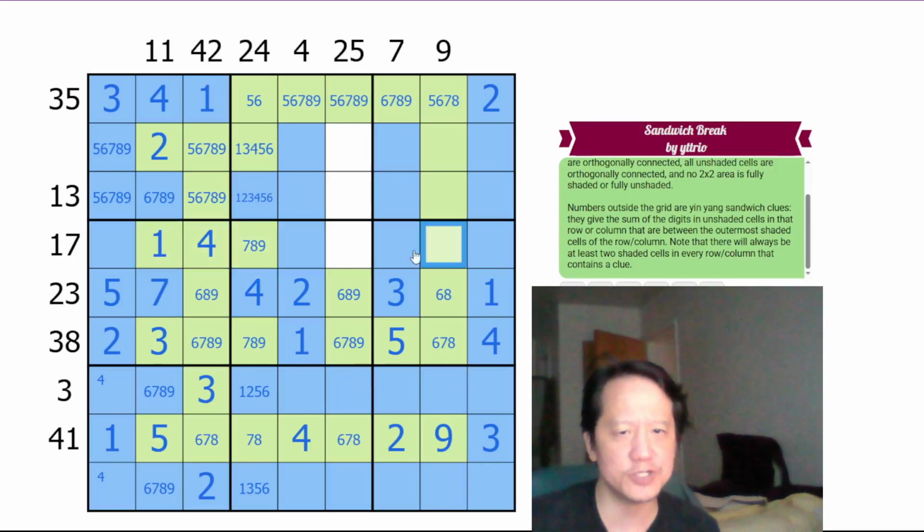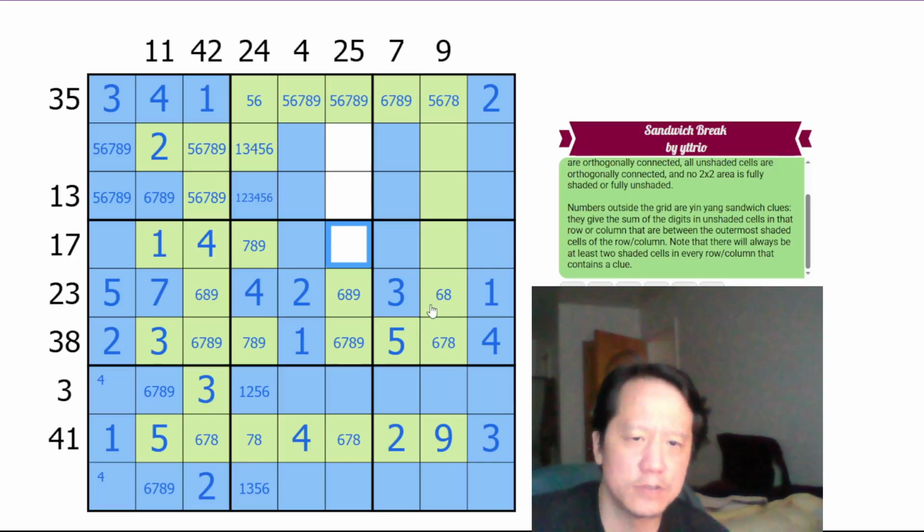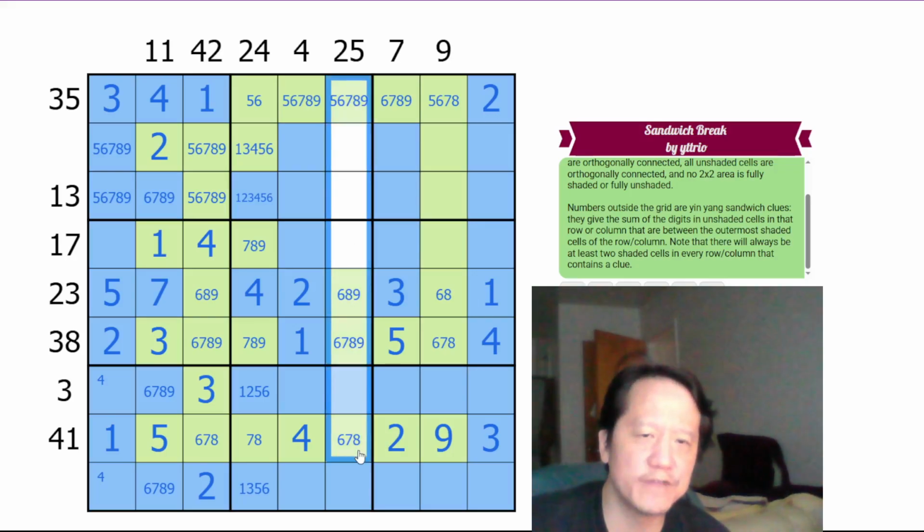These 4 digits must add up to 17 with potentially that digit. We don't know. These add up to 25.